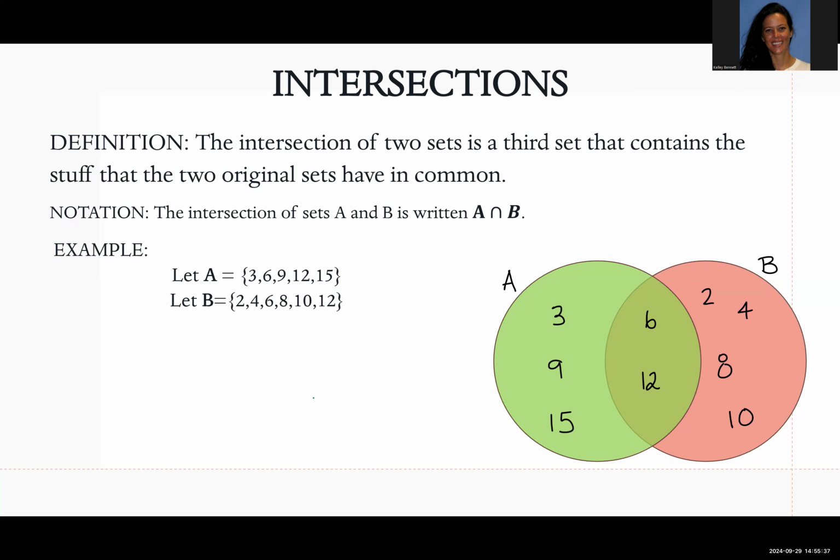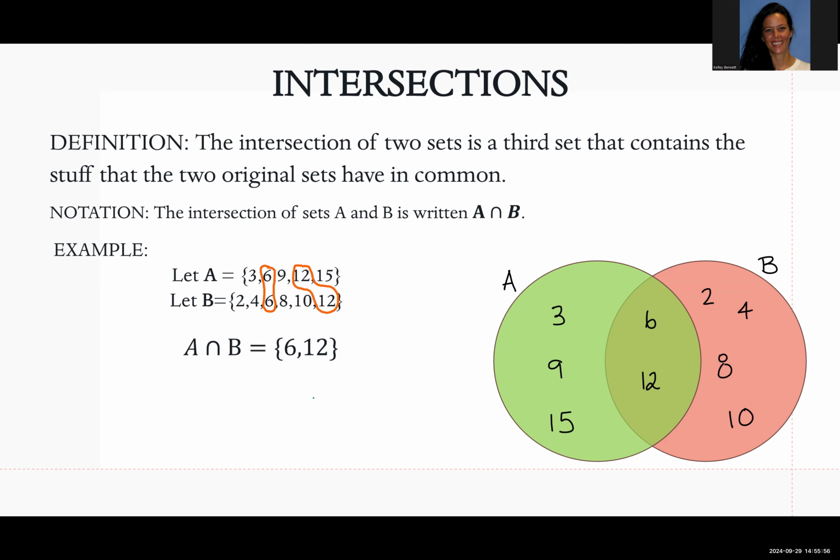So earlier in the union example, we said, okay, they both contain a 6, and I can see that in the list. And they both contain the number 12, and I can also see that in the list. But just as easily, I can see it in a Venn diagram. So what I'm looking at here is, what do they both contain? 6 and 12.